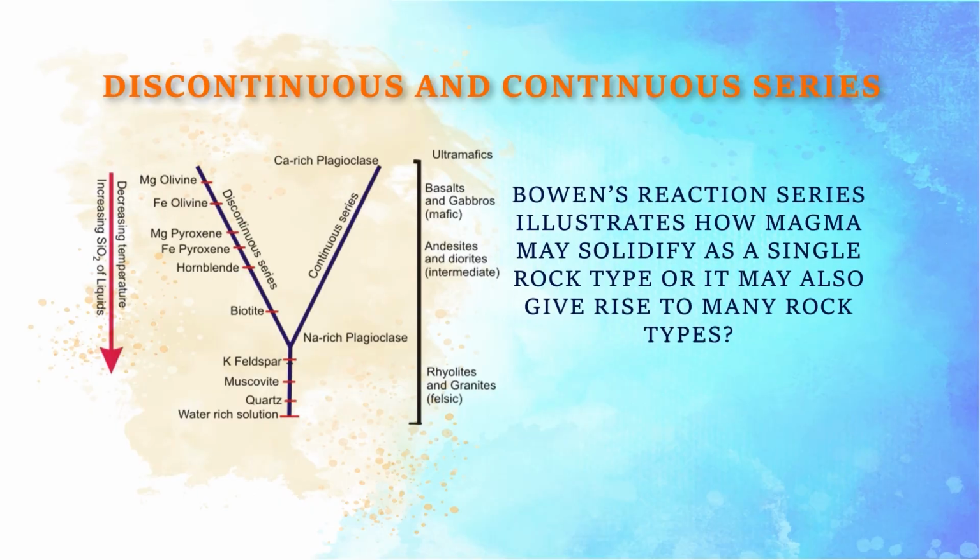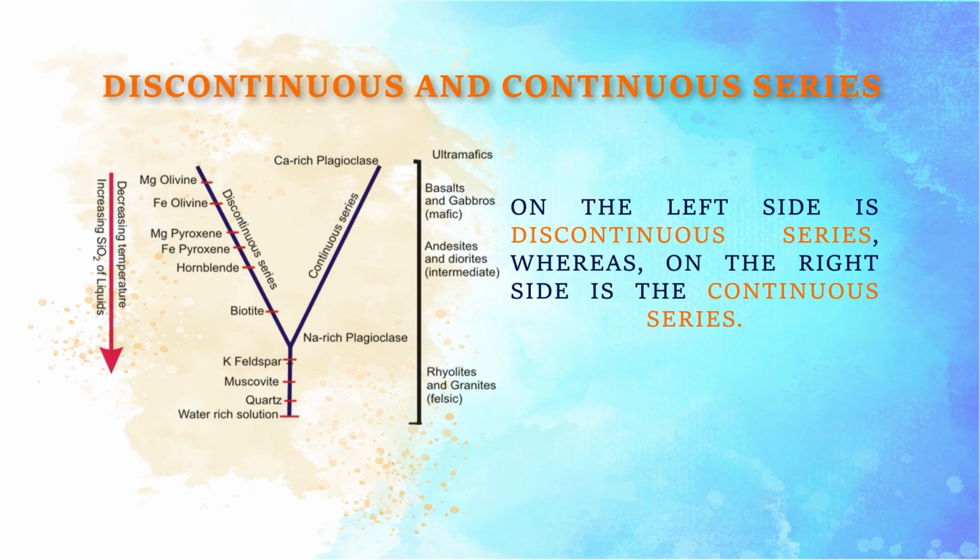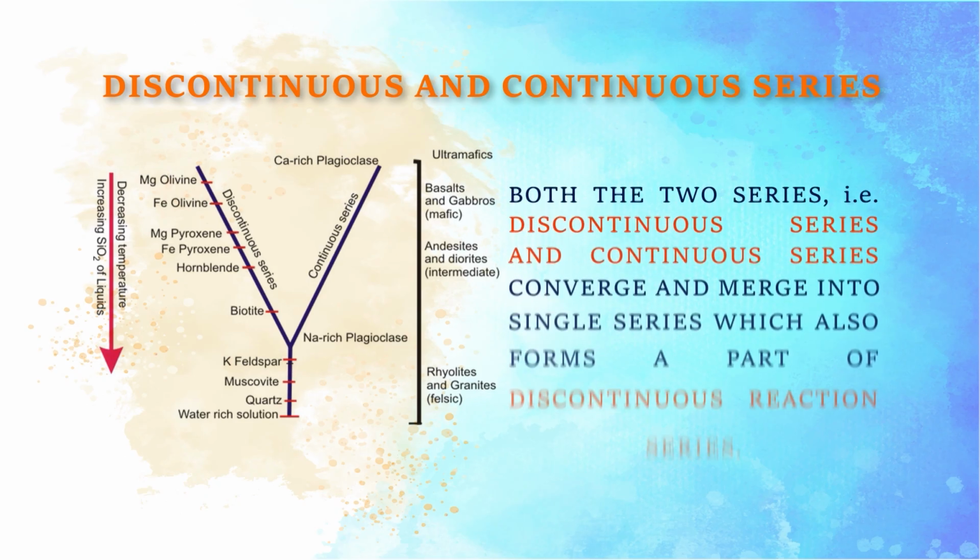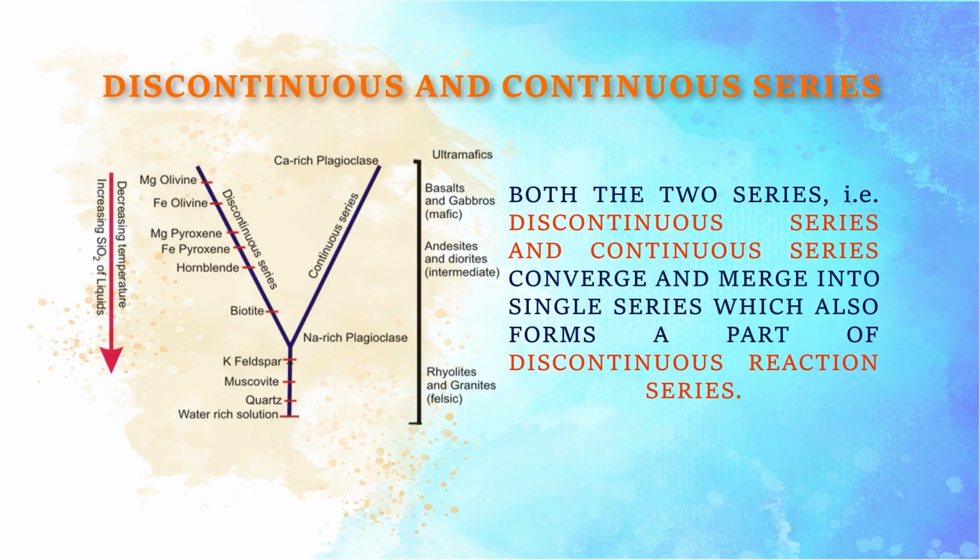So, Bowen's reaction series illustrates how magma may solidify as a single rock type, or it may give rise to many rock types. On the left, as I told, it is the discontinuous series, whereas on the right, it is the continuous series. These two series, discontinuous and continuous, converge and merge into a single series, which also forms part of the discontinuous series.